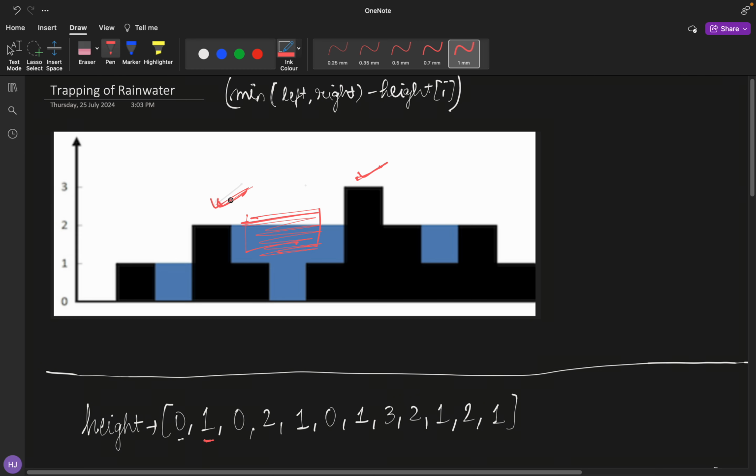We need to calculate the maximum from my left part, and the maximum from my right part, and then calculate the difference between these heights, and I will be able to trap the water within that difference. Fair enough.